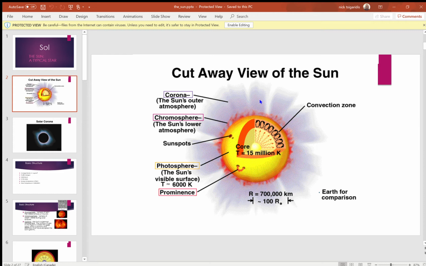We do see it during solar eclipses. It is immediately followed by the chromosphere, which gives us the part of the sun that produces its color. So it's what gives the sun its yellowish color. The photosphere is immediately beneath that, and that is the sphere where all of the light is being released from.